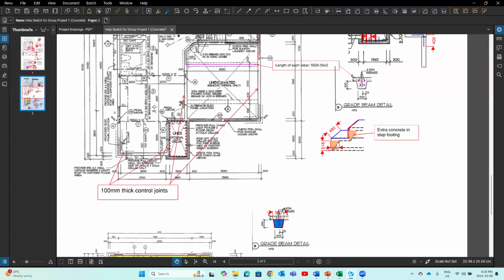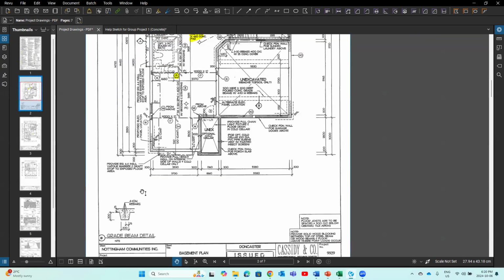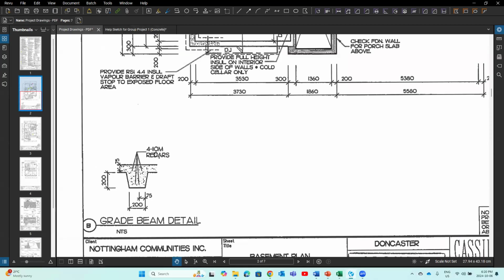in the grade beam, if you check this grade beam detail, there are 4 10M rebars in this grade beam. So that means we take the length of the grade beam and multiply by 4 to get the total length, not how many. 4 is how many, right?